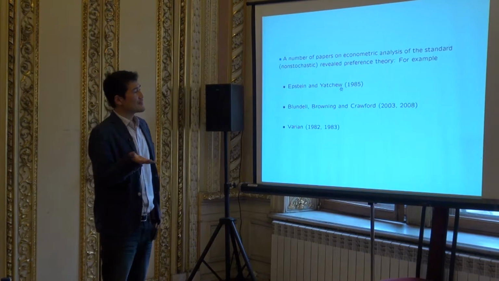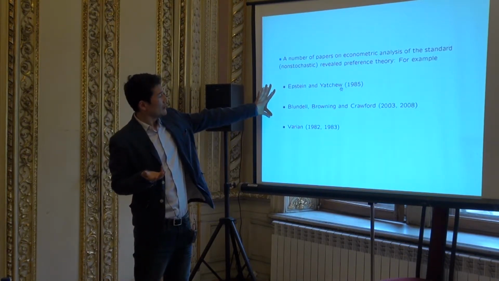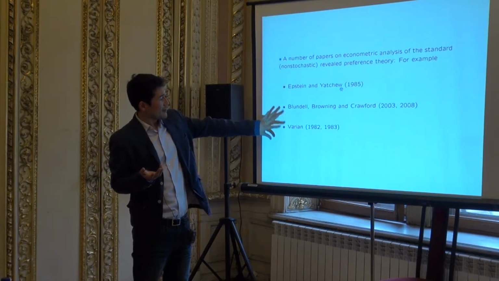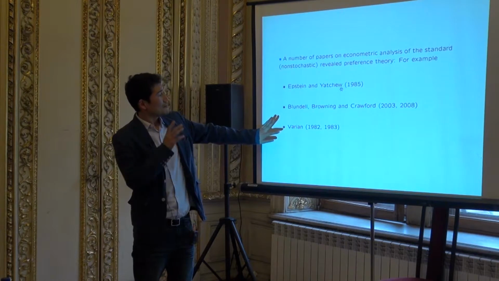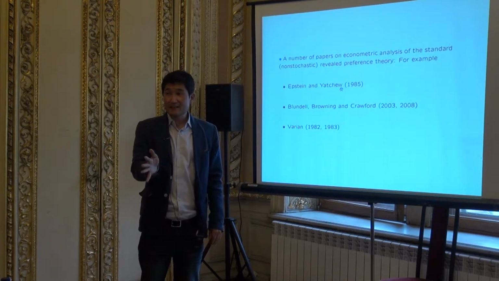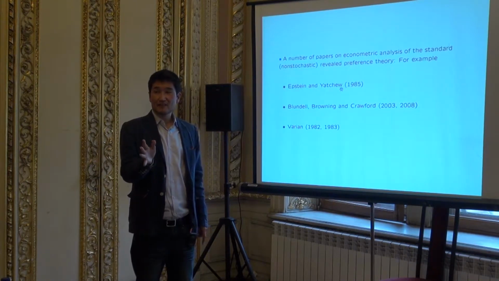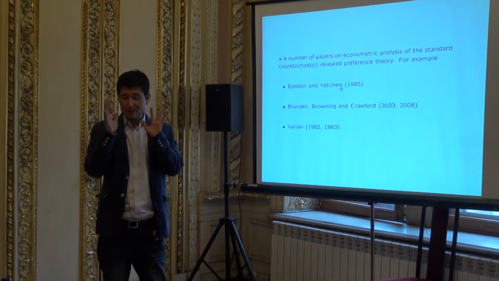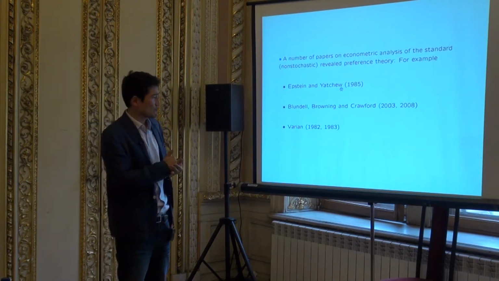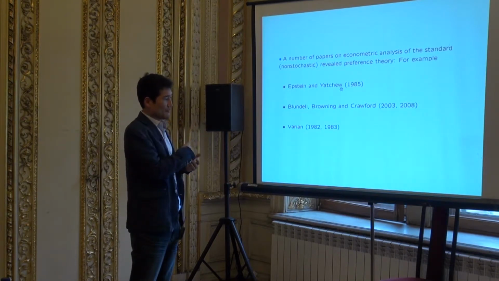The difference between what we are doing and what they are doing, especially the Varian paper, is that the Varian paper still assumes the standard non-stochastic revealed preference theory. In his analysis, U is totally given, just one utility function. It's not representing unobserved heterogeneity.